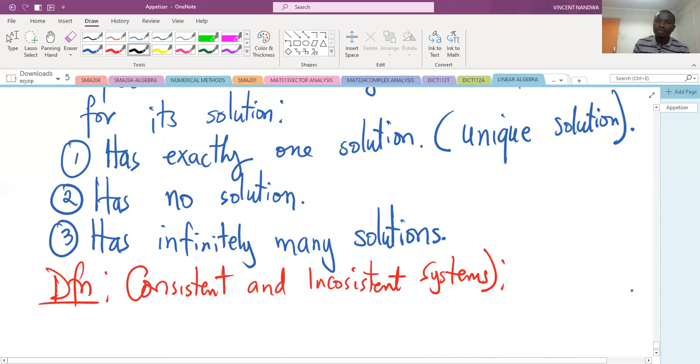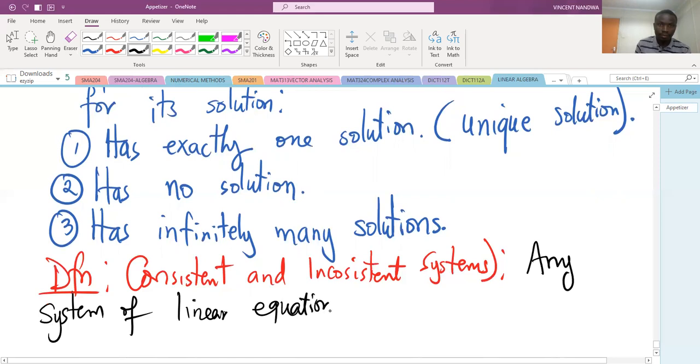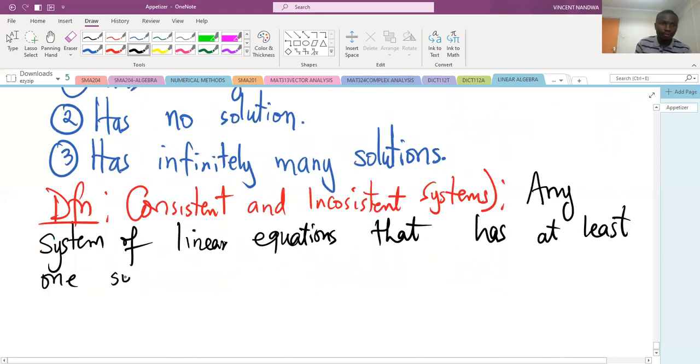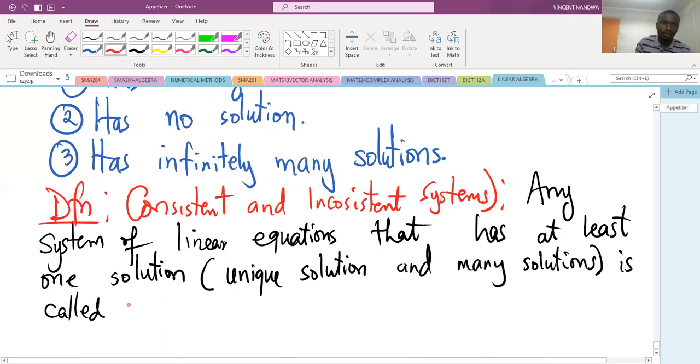We define any system of linear equations that has at least one solution, which means unique solution and many solutions, as consistent.